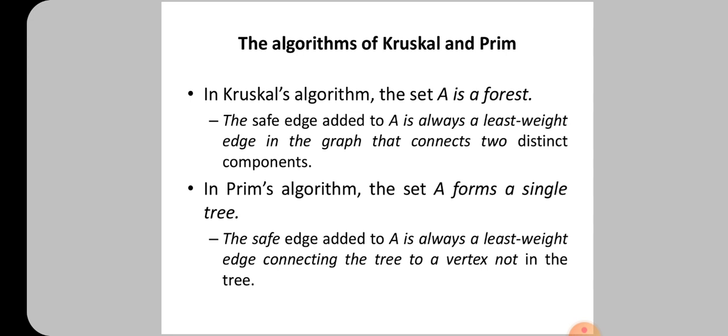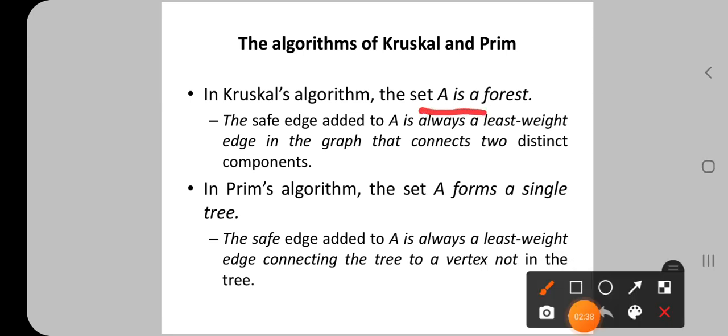In Kruskal's algorithm, we are considering a set A. A is a forest. We know that a forest means it contains more than one tree. So the safe edge we add to A is always a least weight edge in the graph that connects two distinct components.